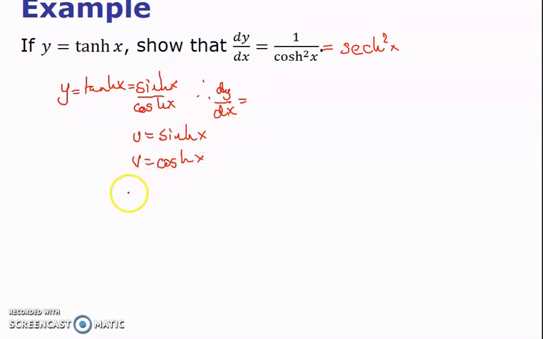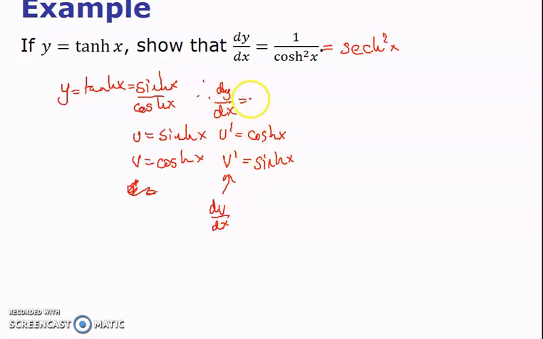And if this is true, u dash is, in fact I'm going to write up there, that's where I normally write it. Sinh becomes cosh. And v dash, now I'm not sure if I've written u dash and v dash before. This of course is an alternative way of writing dv by dx. You might have seen that with some of the mechanics you've been doing.